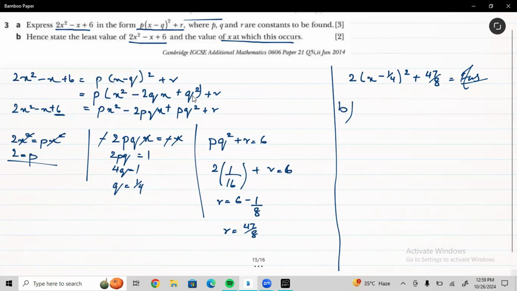Now, if you have concentrated in my previous lectures, we have discussed that it is much easier to find the least value of an equation by using its completed square form. We know that if we open a squared, the lowest value we can get from a whole squared value is 0 itself.